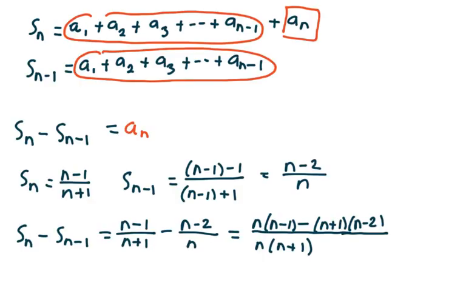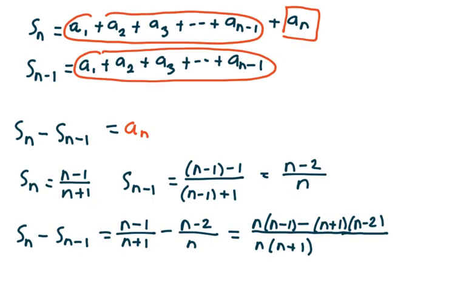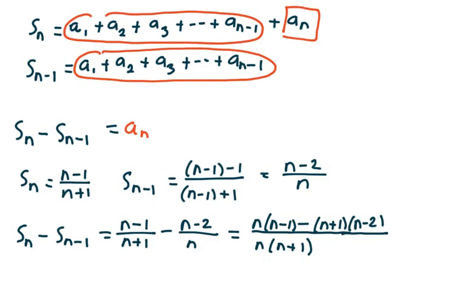Let's look at the bottom. We get n times n plus 1. Let's look at the top. If we look at the top, we get n squared minus n. And then we're going to subtract off n squared minus n minus 2.